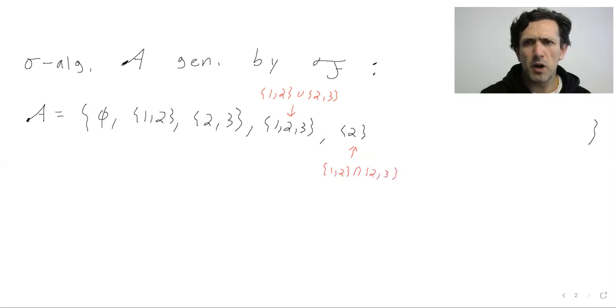So let's just keep going. We know that {1} has to be in my sigma algebra generated by script F, because {1} is {1, 2} take away {2, 3}.